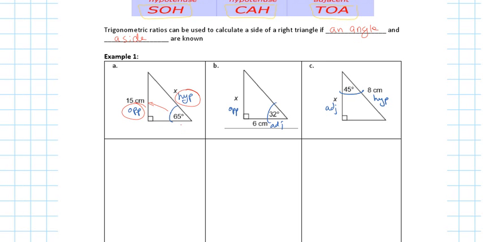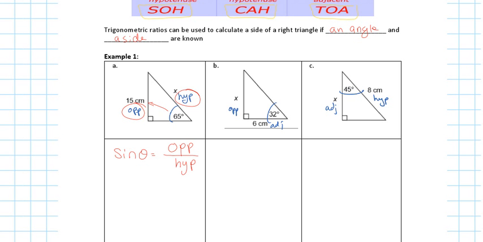So, always when you write sine, cosine, or tan, you want to write the angle with it. That's why we write sine theta is equal to opposite over hypotenuse. Do I know angle theta? What's angle theta? 65.